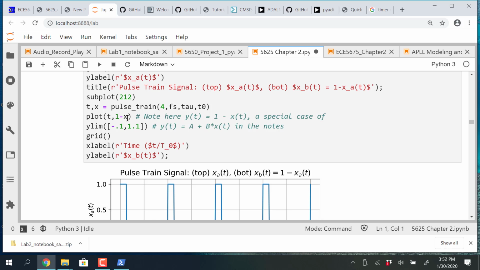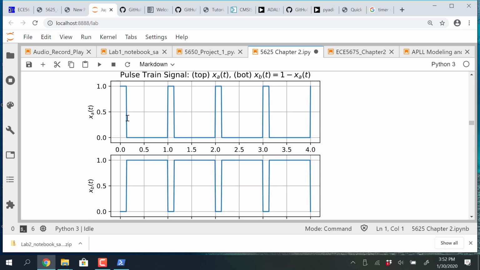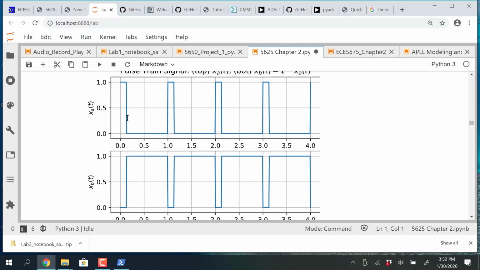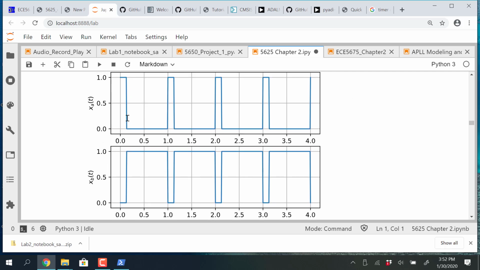And the reason why I did that is because there's a homework problem. I haven't decided if I'm going to assign it. And that homework problem deals with this aspect, the fact that those two waveforms have similarities. It turns out that the magnitude of the Fourier coefficients is identical for those two waveforms with the exception of the DC component.